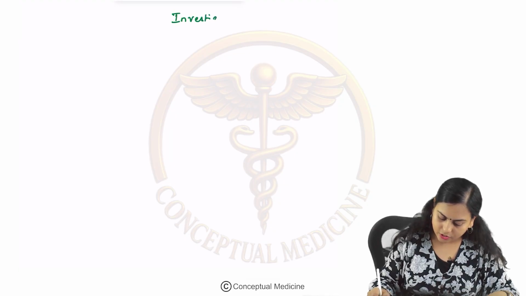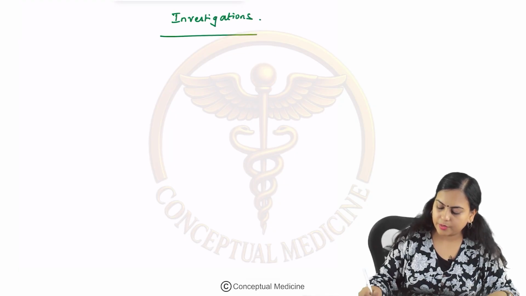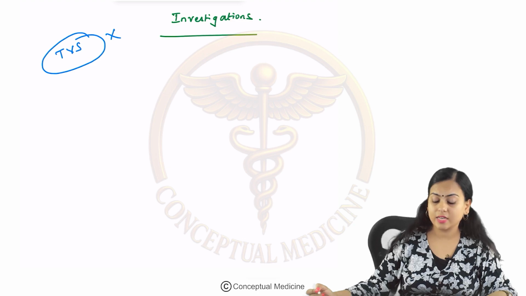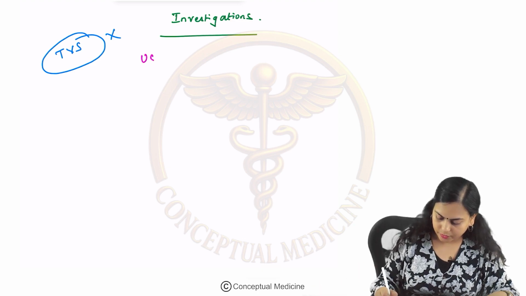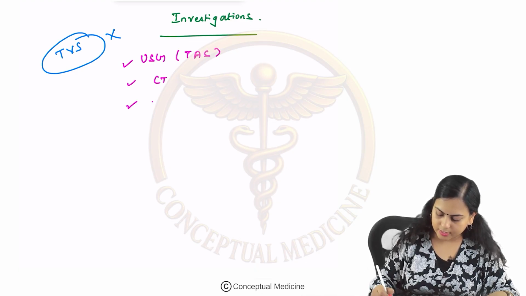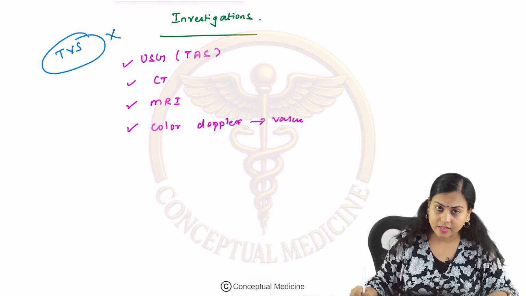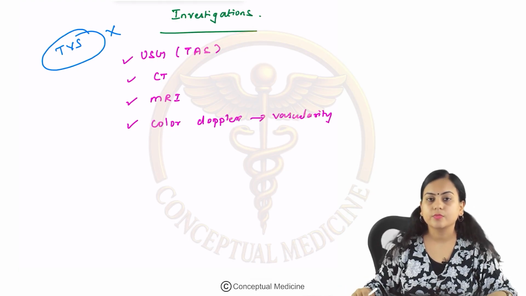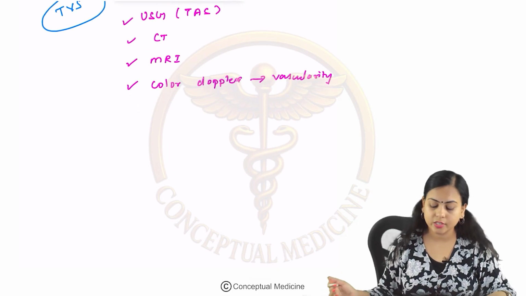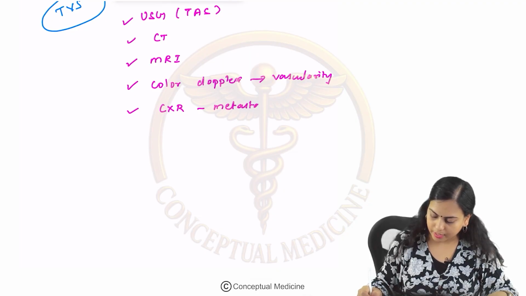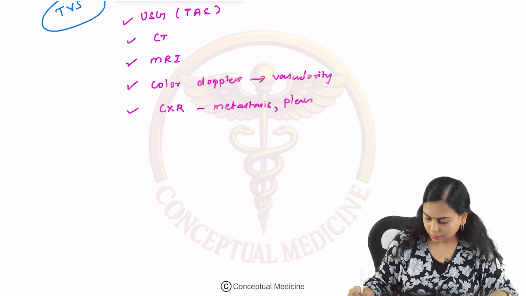So, the other investigations, because we are excluding TVS. Okay, that's why I mentioned the word other investigations. So, we can do USG, obviously transabdominal sonogram, or a CT, MRI. Okay, you can even offer her a color Doppler because we can find the vascularity of the tumor if she is presenting as acute abdomen to rule out torsion. Then you can do a chest X-ray to rule out metastasis as well as pleural effusion.